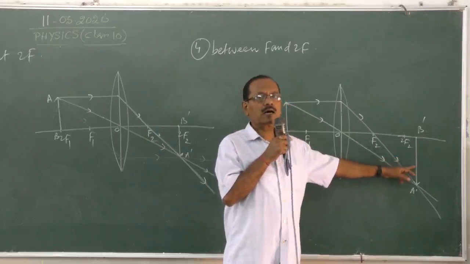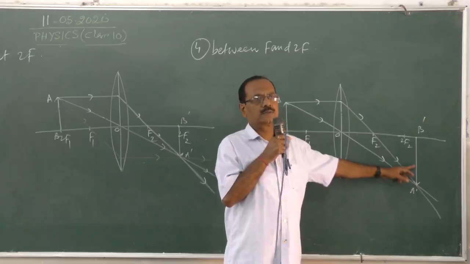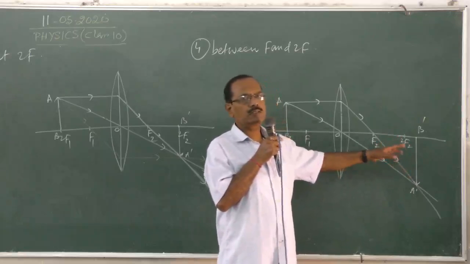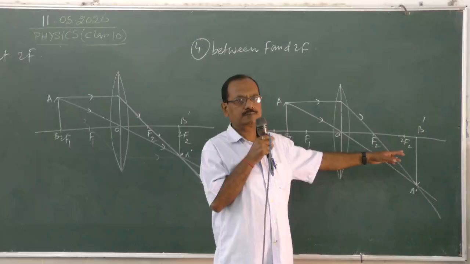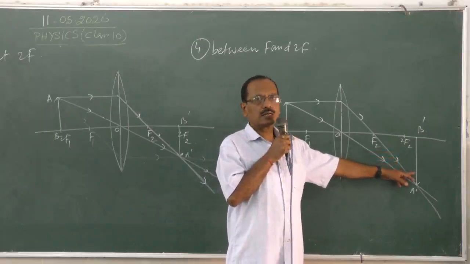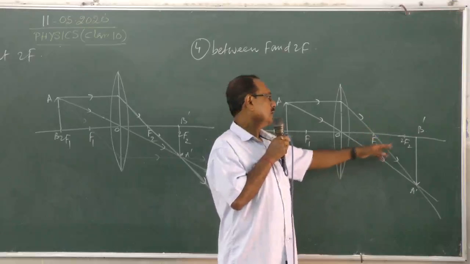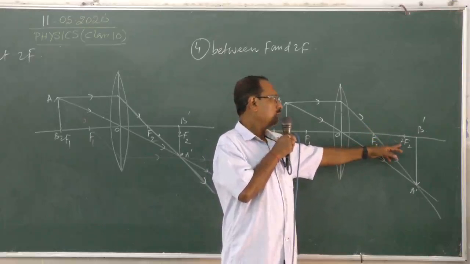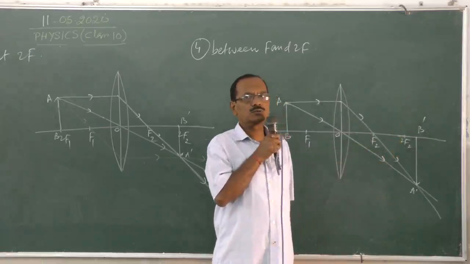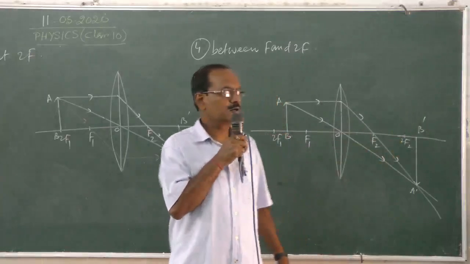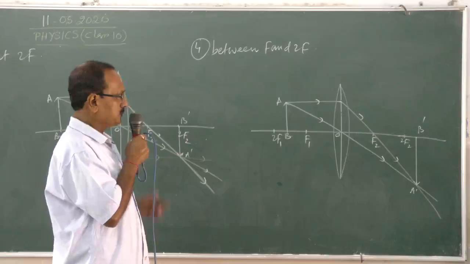The image is enlarged, or you may write magnified. Image is enlarged or magnified, and it may form beyond the 2F on the other side of the lens.